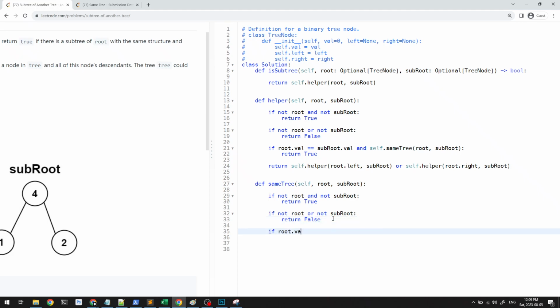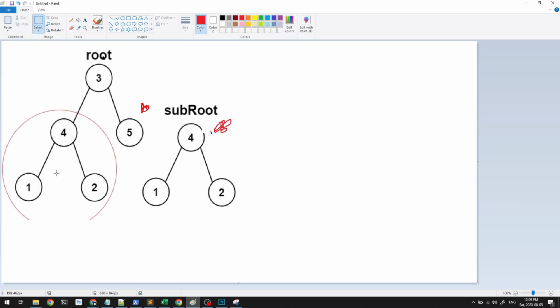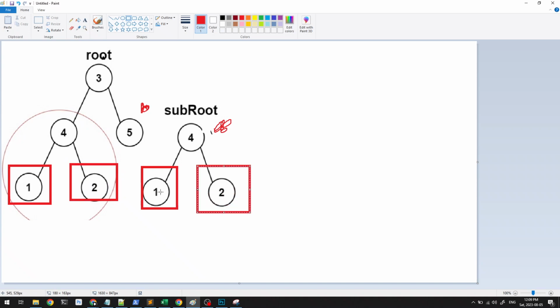Maybe the values themselves are not the same. So in this case, if the values themselves are not the same, then it's not a subtree. But otherwise, if we pass all of these conditions here, then what I want to check is if the left-hand side matches the left-hand side of subroot and the right-hand side matches the right-hand side of subroot. And if both of these return true, then I know that my children are the same.